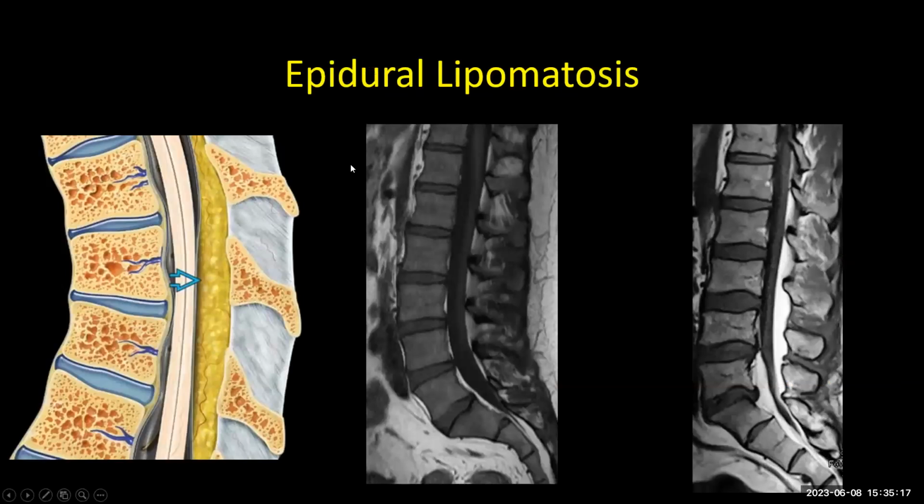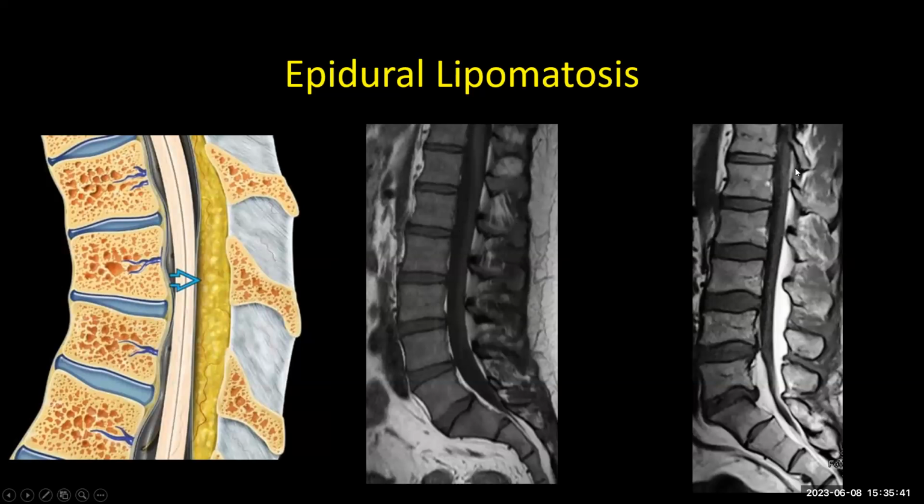Epidural lipomatosis. Now, not all your T1 weighted sequences are useless. I always cast an eye because you should know what you're looking for. This is a normal T1 weighted sequence. What about this one? This is again a T1 weighted sequence because here the CSF is dark or hypointense.